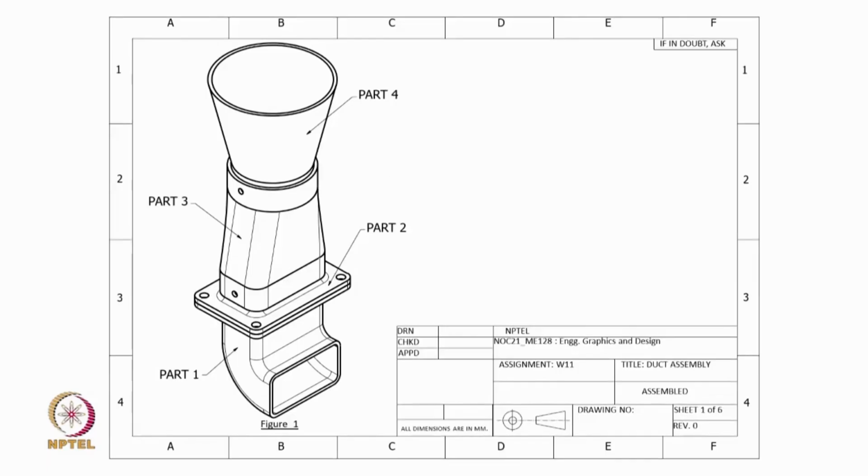For that, let us go back to the problem. We notice that there are holes in part 3. These holes also match the holes present in part 2. So, we need to ensure that the axes of these pairs of holes match between parts 2 and 3.